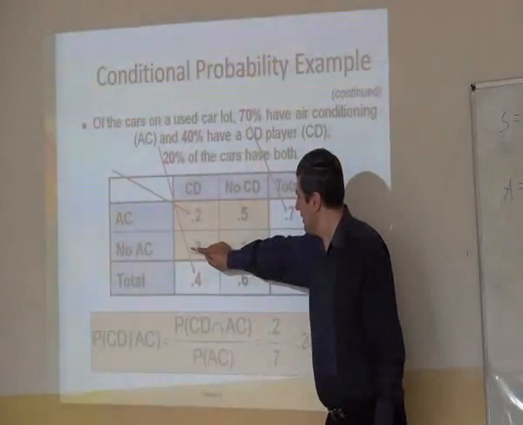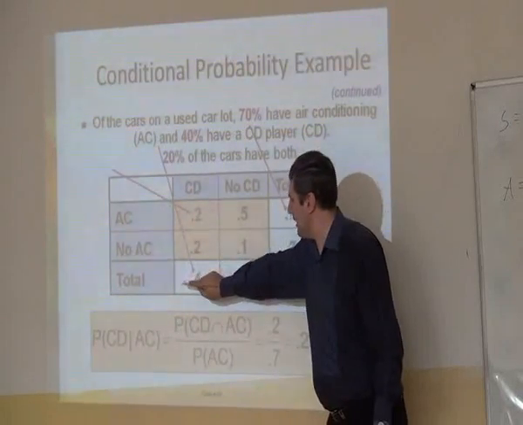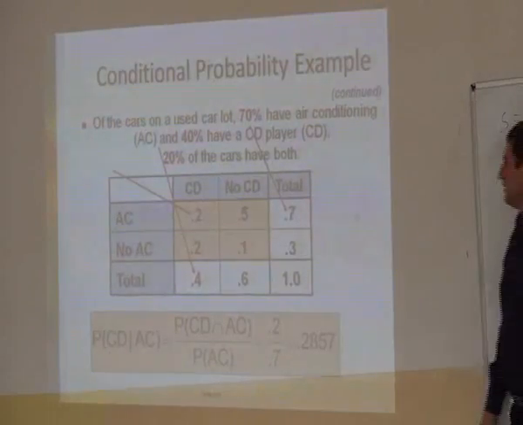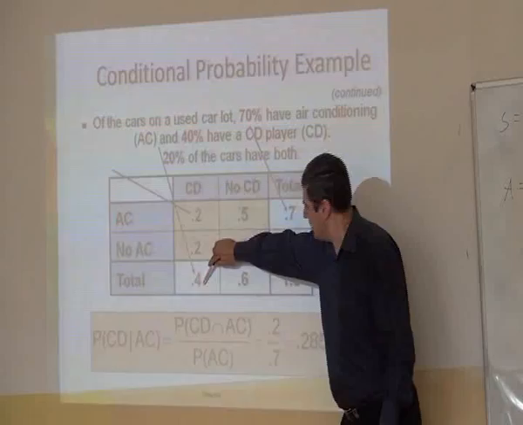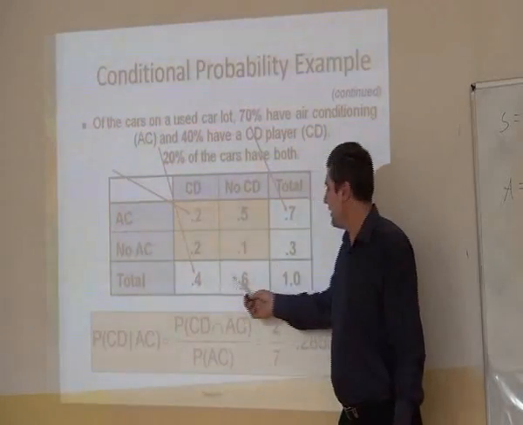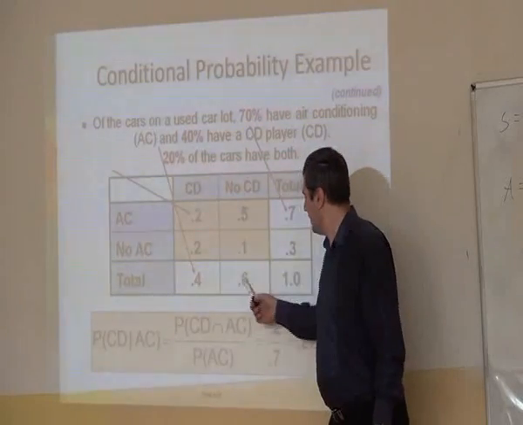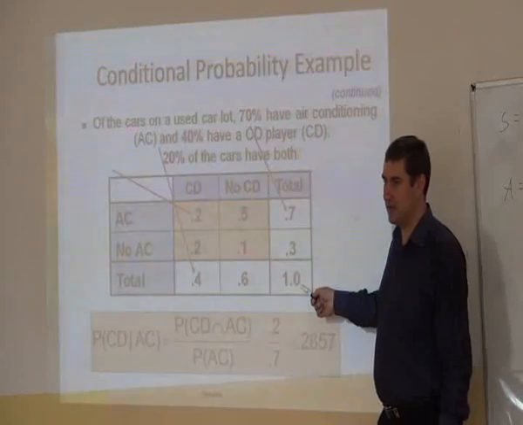And the same is with 0.2. Here we need these two numbers to sum up to 0.4. And of course, if we know this number, then the numbers here should in sum be equal to 1.